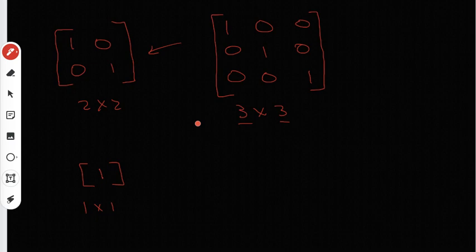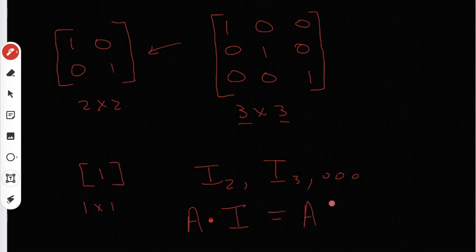That's the identity matrix. It's always represented by a capital I. So if I have a 2 by 2, it would be I2. If I had a 3 by 3, it would be I3, and then so on and so forth. And the property about the identity matrix is, before you go, if you have any matrix A and you multiply it by its complementary identity matrix, then you're always going to get the same matrix back.